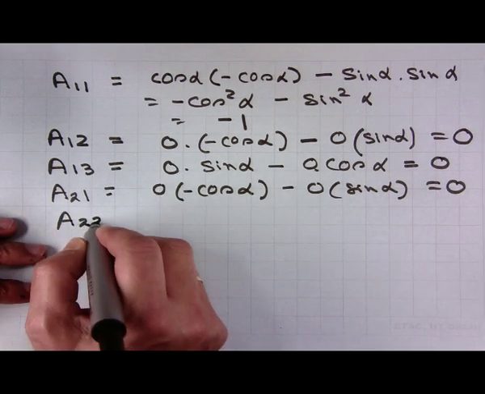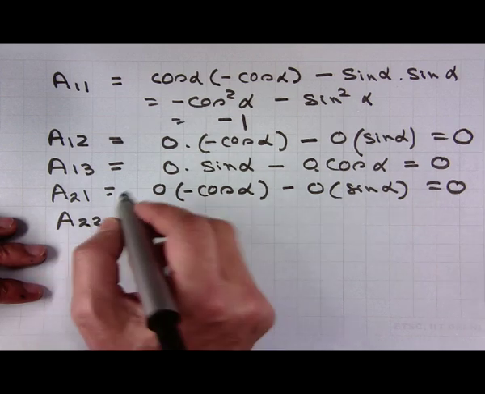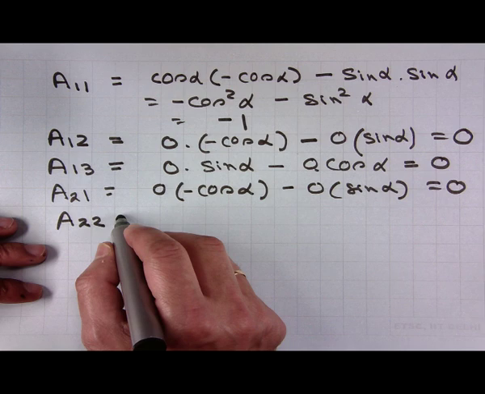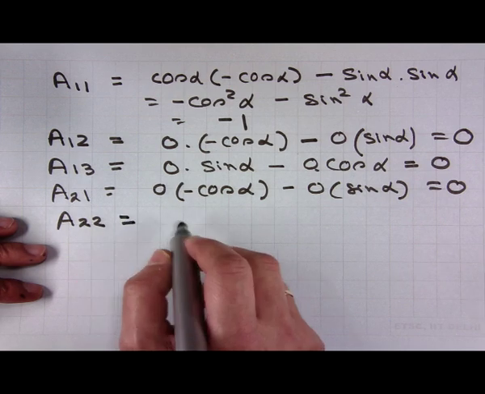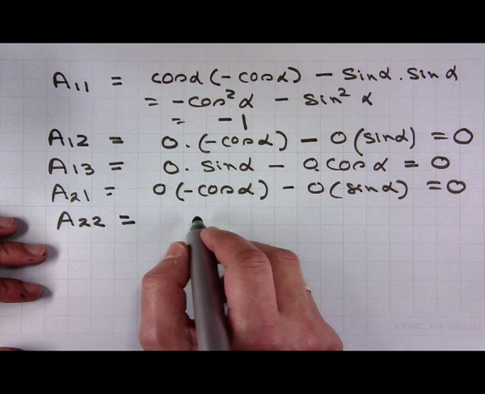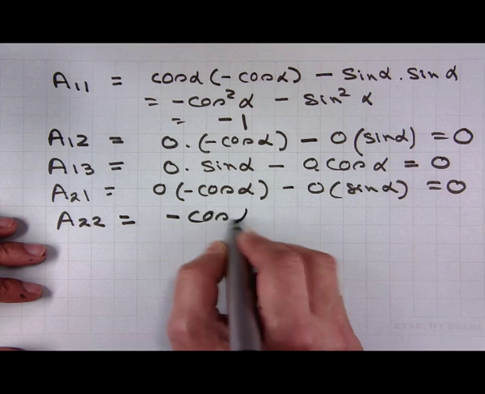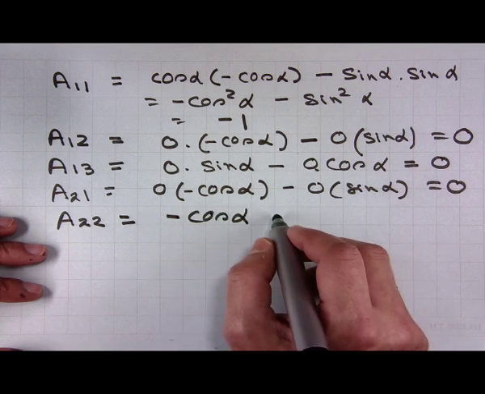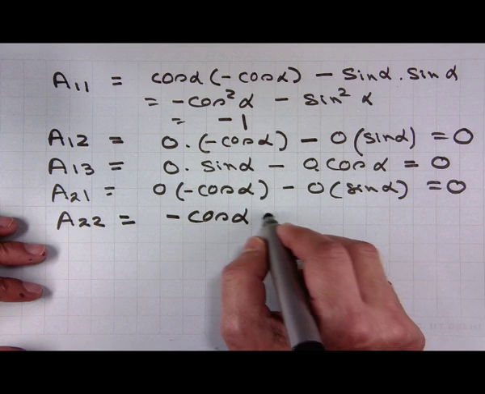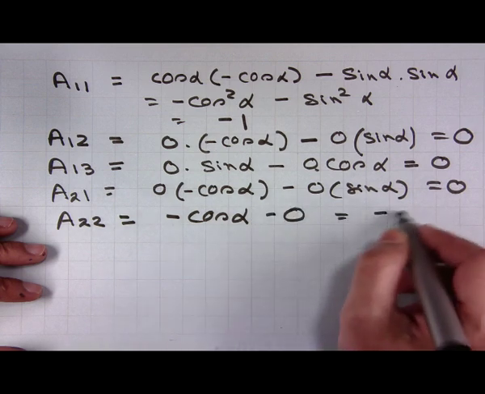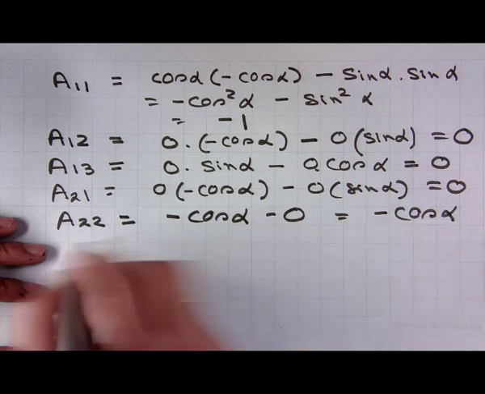A22 is equal to minus cos alpha minus 0, is equal to minus cos alpha.